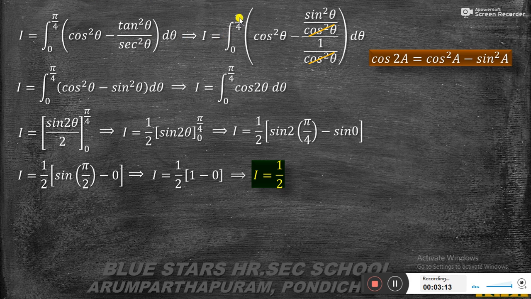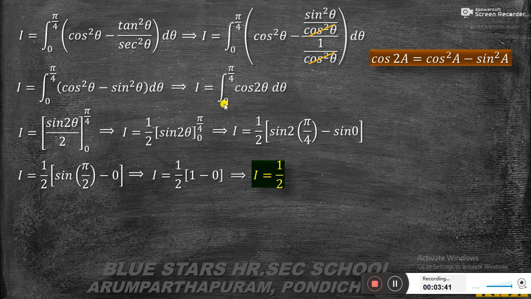Therefore I equal to integral 0 to pi by 4 of cos square theta minus sin square theta d theta.